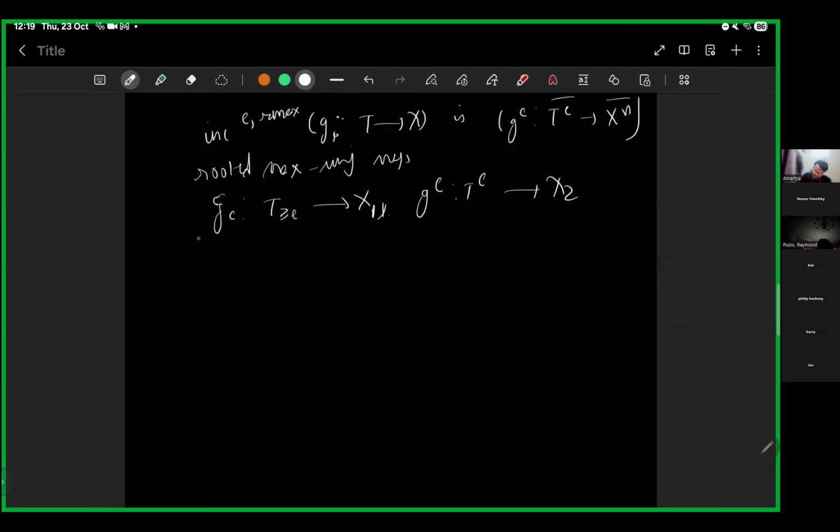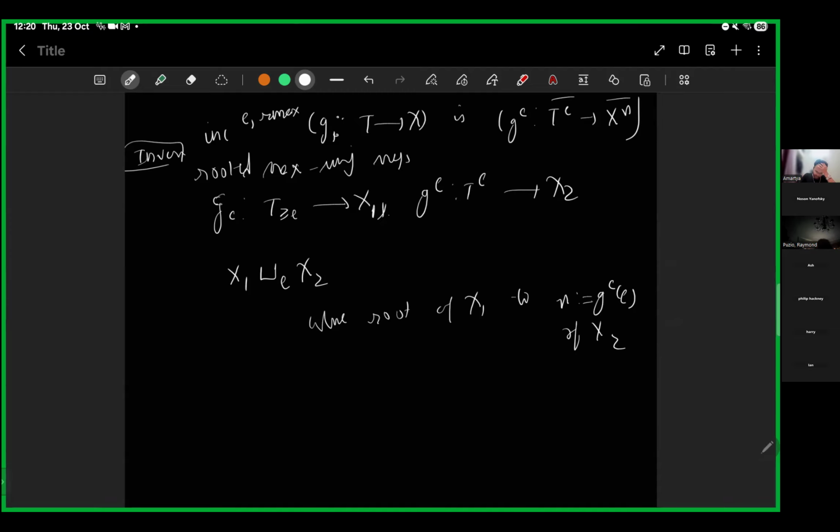And you can build this tree by gluing the root of x1 to the outer edge of x2.